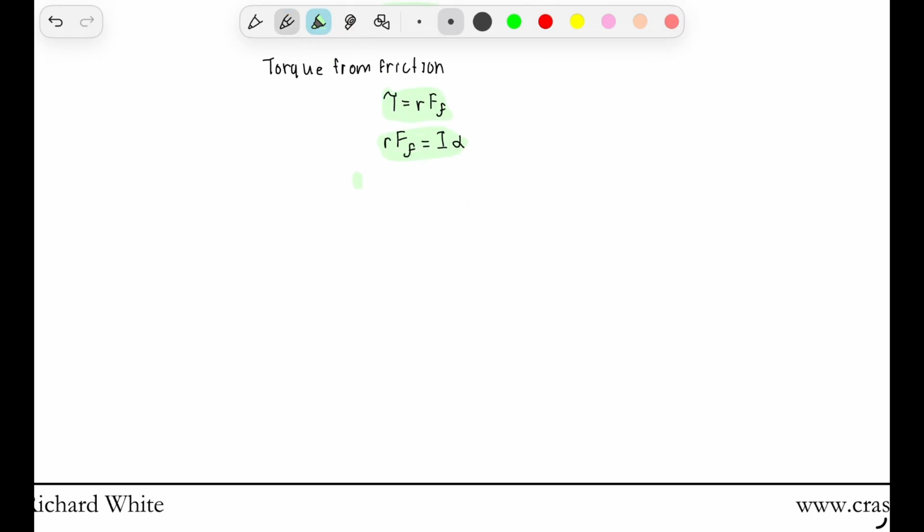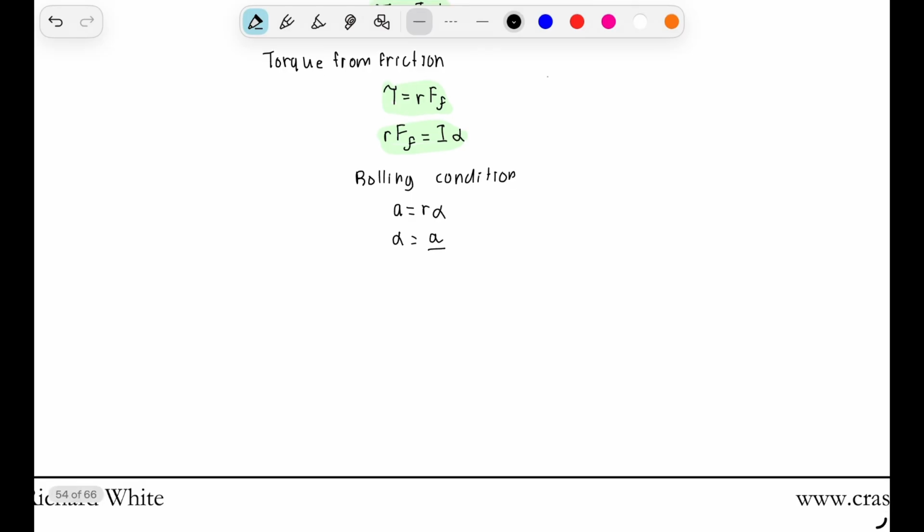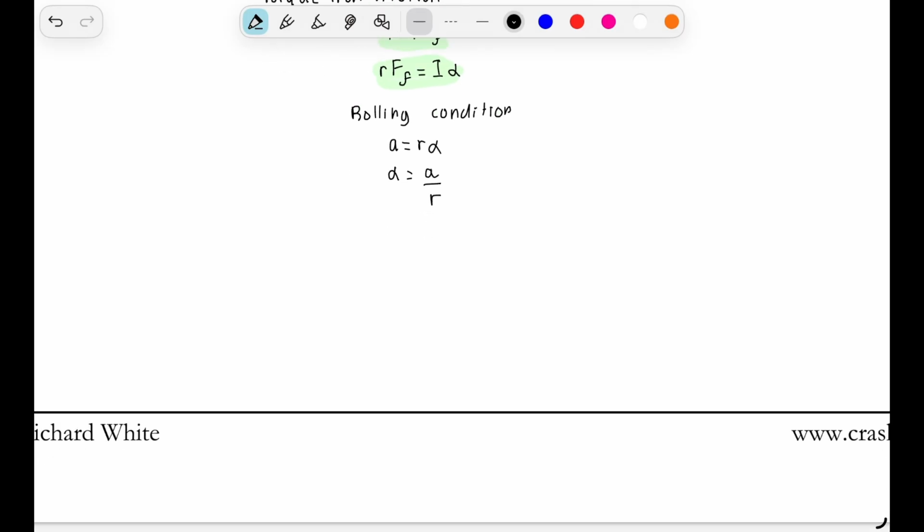Now, we can apply the rolling condition. This states that acceleration is equal to the lever arm times the angular acceleration. Angular acceleration is equal to the linear acceleration divided by the radius.